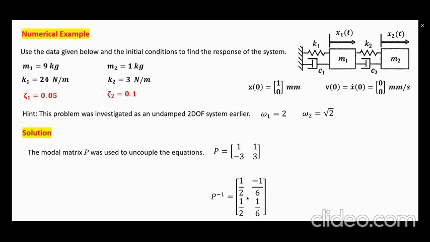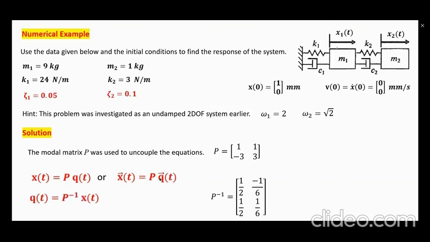You need the inverse of the modal matrix because we want to find the initial conditions out of these two. So here is the transformation: the physical coordinate is the modal matrix times the modal coordinates. If you want to write it with an arrow, these are vectors really, not scalars. x is x1 and x2, and q is q1 and q2.